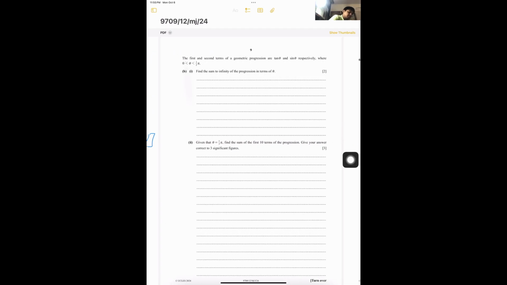The first and second terms of a geometric progression are tan theta and sine theta respectively, where this is the range given. Find the sum to infinity of the progression in terms of theta.